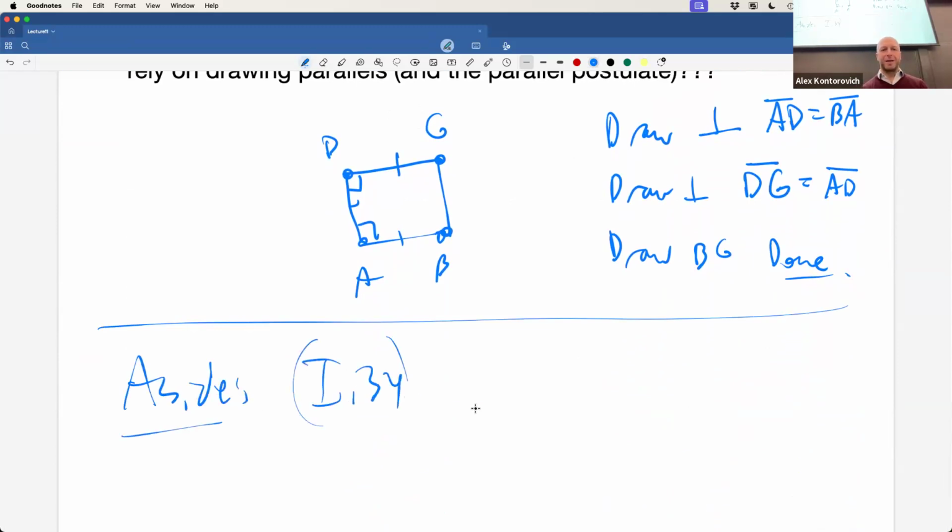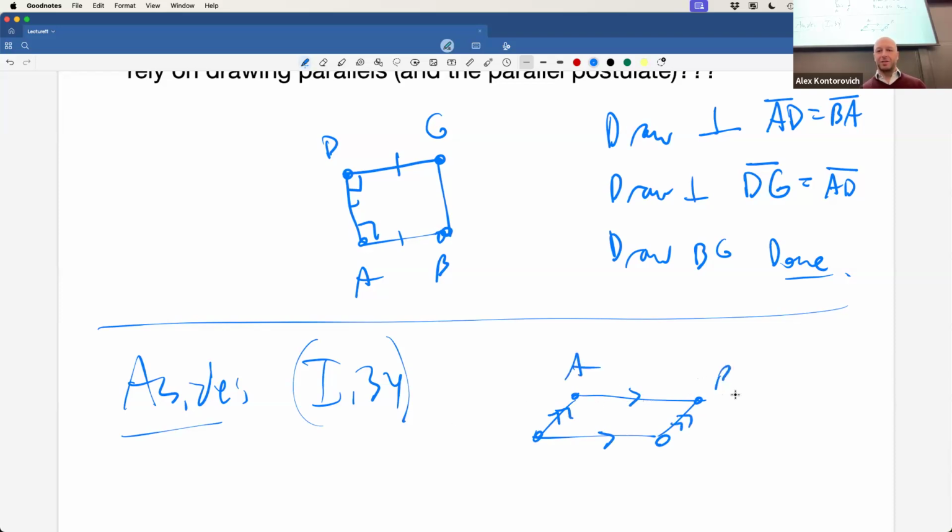I-34, if it is what I think it is: you have a parallelogram, let me try to make it not equilateral.